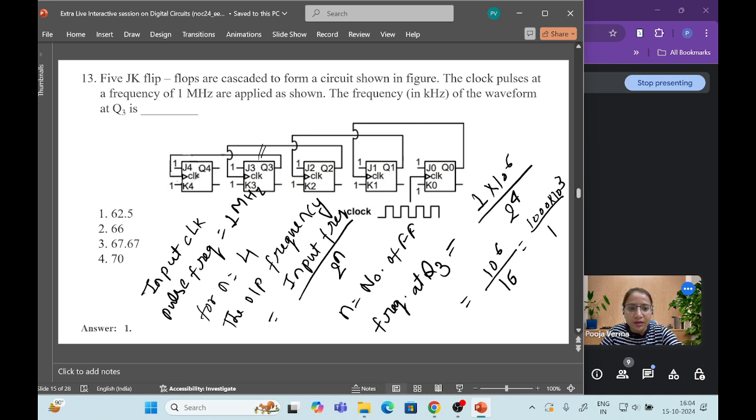So you will get 62.5 into 10 to the power 3. You can write it 62.5 kilohertz. Okay. So frequency at Q3 is 62.5 kilohertz. I hope you are understanding. So you have understood this question. Can we move to the next question?